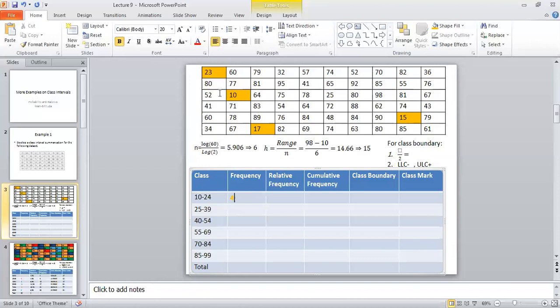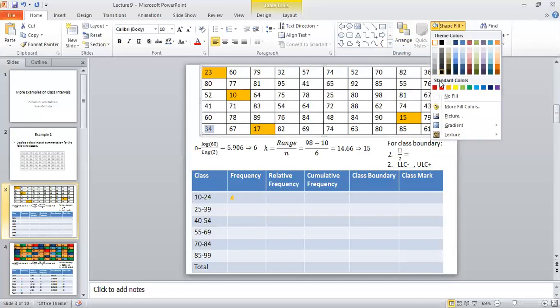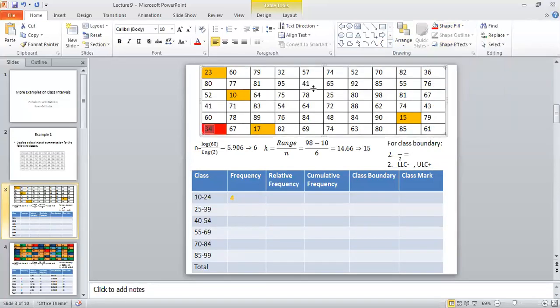Then 25 to 39. We have got one value over here, and in a similar way we mark it with a different color. You can just take any color. I'm picking the red one. Then 25 to 39, any other cell? No. Fourth, fifth column, no value.